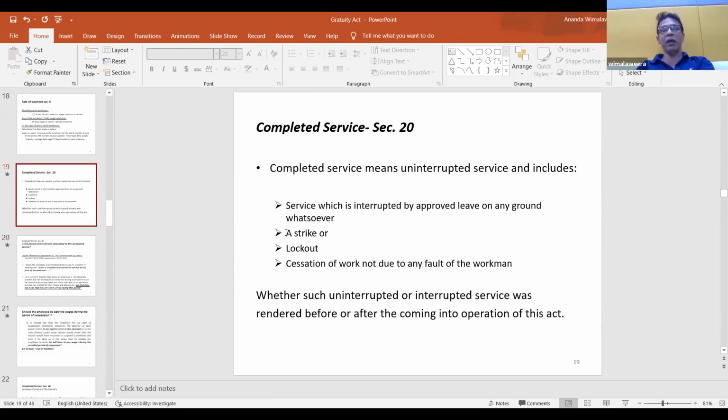What do we mean by completed service? What about 4 years and 11 months? Is it 5 years, or can it be considered as 5 years? Is it possible to consider it as 5 years? What do you think? Please interact with me.